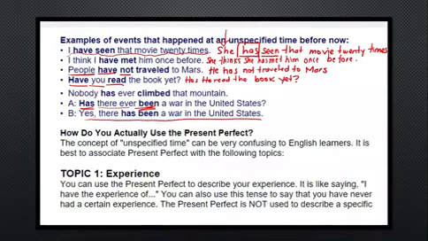This sentence means that you have had the experience of being in France. Maybe you have been there once or several times. Okay, I need to go back to this transparency, okay? So in this case, topic 1 talks about the present perfect describing an experience. Te van a describir una experiencia. Es como si tú dijeras, yo he tenido la experiencia de estar aquí, yo he tenido la experiencia de manejar un carro volador, yo he tenido la experiencia de viajar en jet.